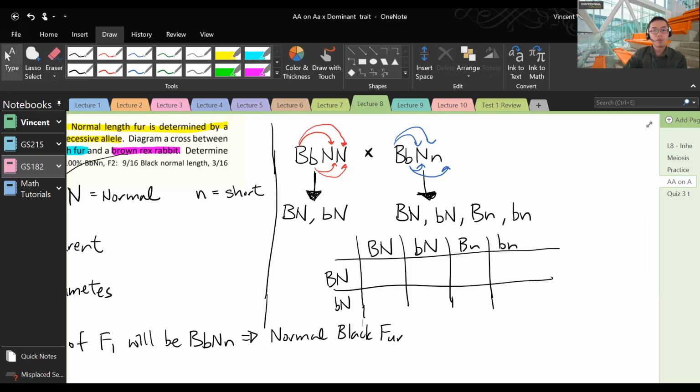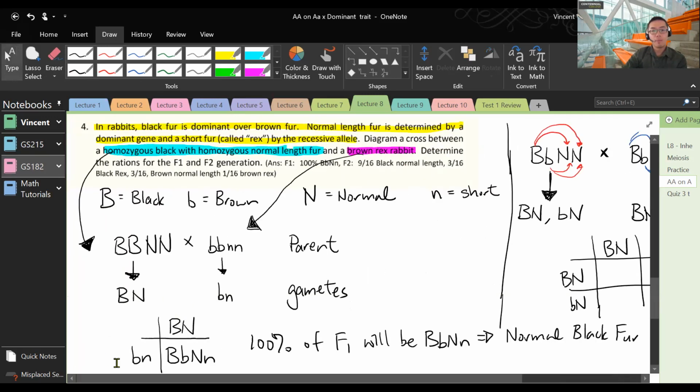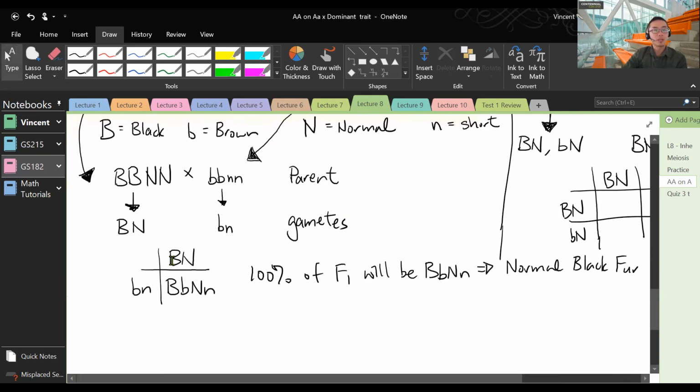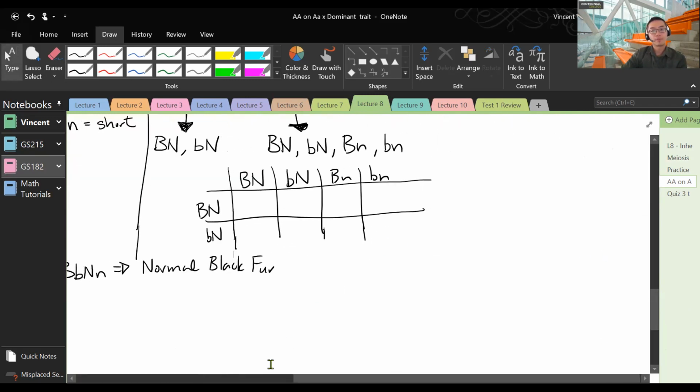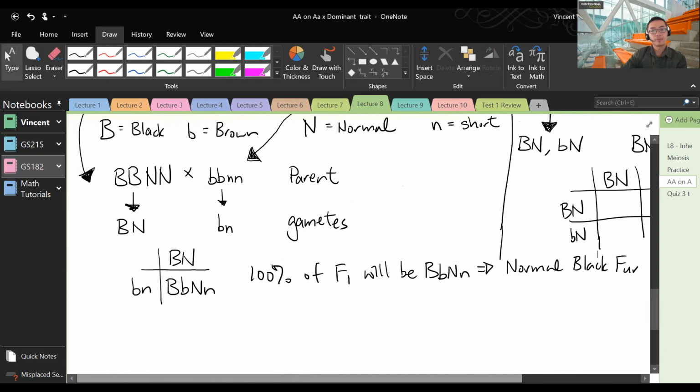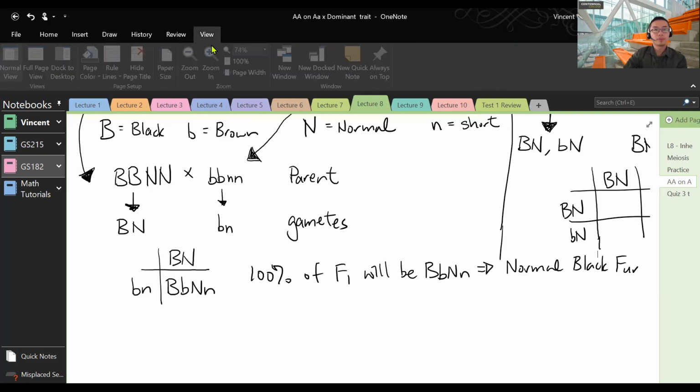Over here, we only had one possible gamete for each rabbit. That's why we only need one row and one column. And over here, because we have 2 and 4, our chart looks different. Does that answer your question? Oh, okay. Thank you so much. That makes sense. No problem. Anyone else have other questions before we move on?